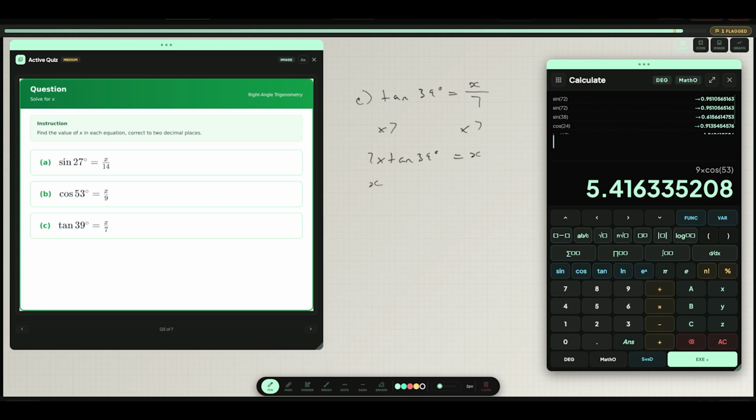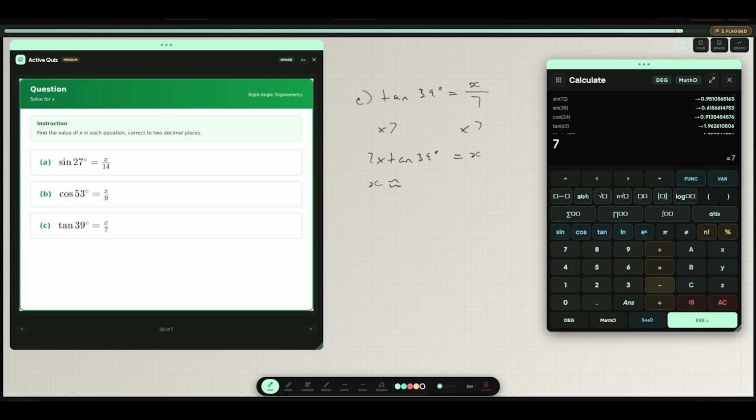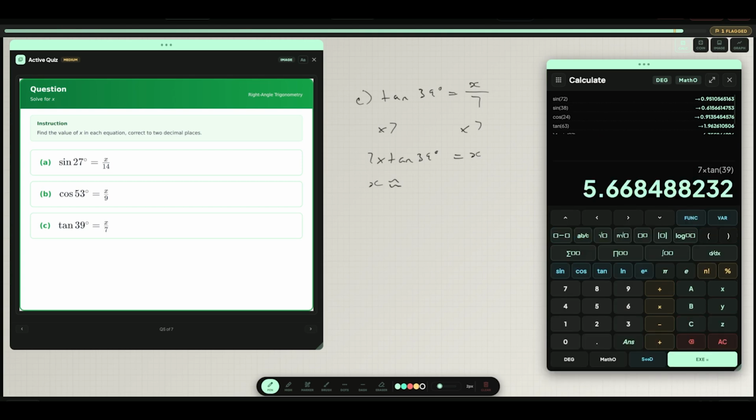And that means that x is approximately equal to, well, let's type it in. 7 times tan 39, and then hit equals. And we get 5.6. And then we're going to look at our third digit along, which is an 8. And that means we round up, so 5.67.